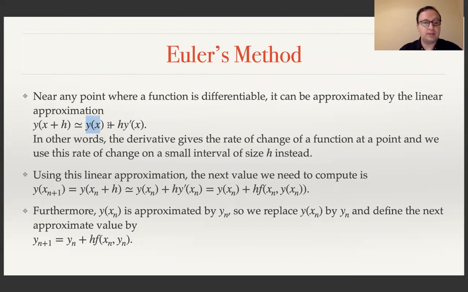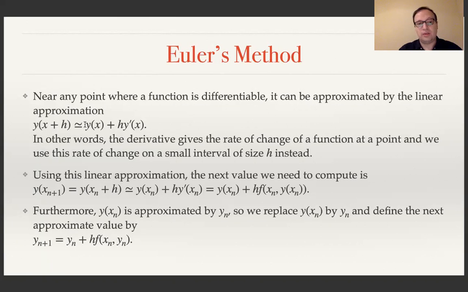So this right-hand side formula describes the tangent line to the graph of the function, and this says that for small values of h, the function does not deviate too much from the tangent line to its graph.